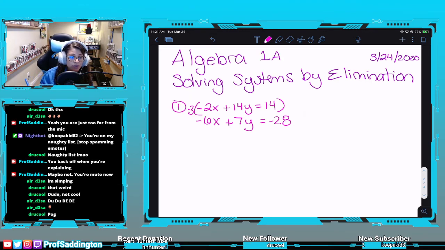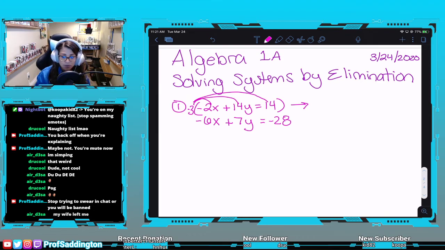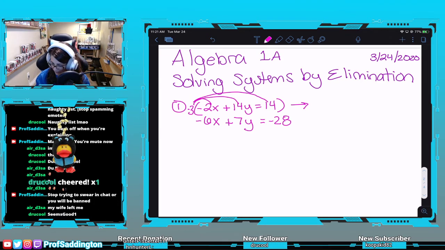And when I do that, that negative 3 is going to be distributed to every single number, on both sides of the equation. And I'm just going to rewrite it off to the side. And if you want to multiply that through, let's see how you do.